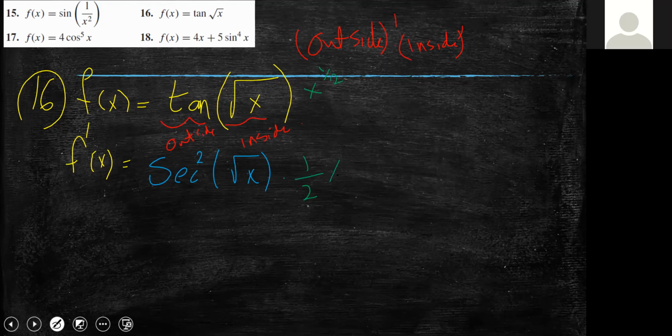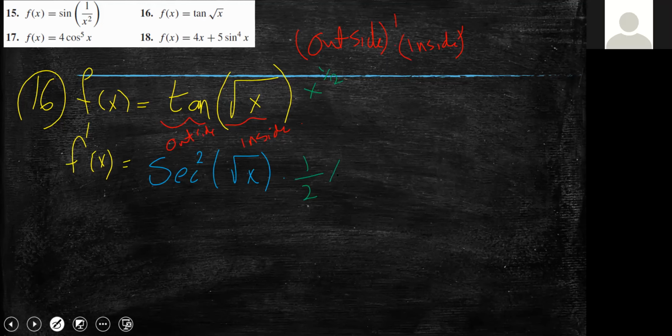Look at the first function. We have to use two rules, the chain rule and the power rule. The product rule: this is the first function and this is the second function. This is f and this is g.